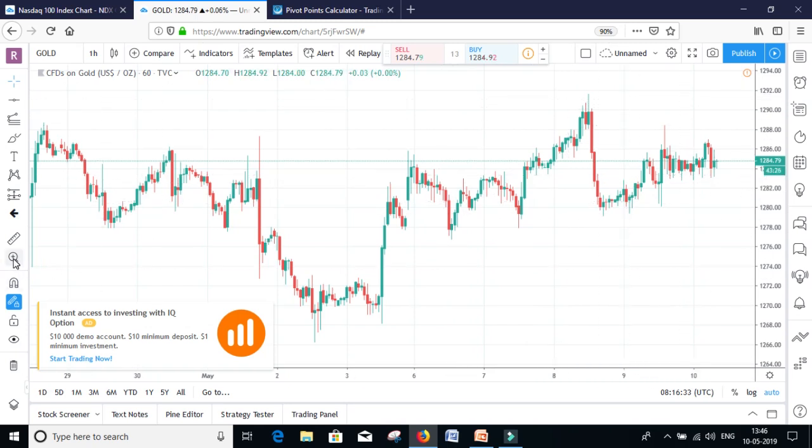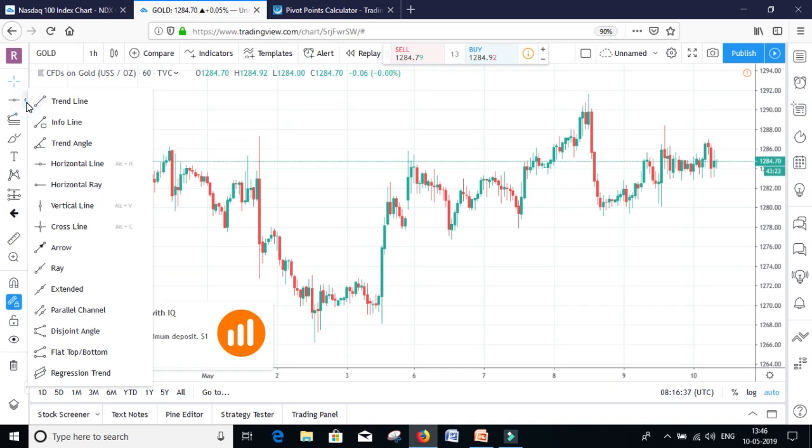So we have to just check the price line.